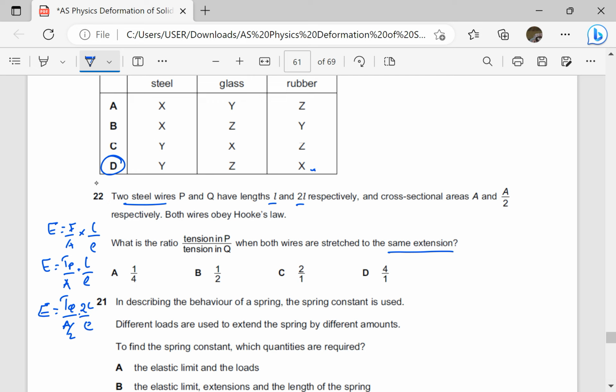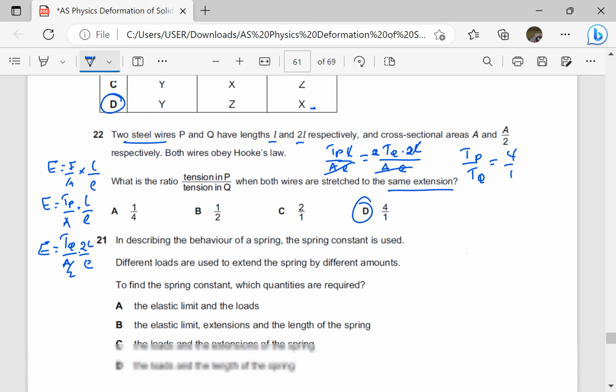T for P over A, times L over E, should be equal to T for Q times 2L divided by A over 2, times E. The 2 goes up in the denominator. So A and E have cancelled out, L has also cancelled. So T in P over T in Q is going to be equal to 4 over 1. So our answer is going to be D, because I've multiplied this 2 by the other 2, so I got 4 over 1.